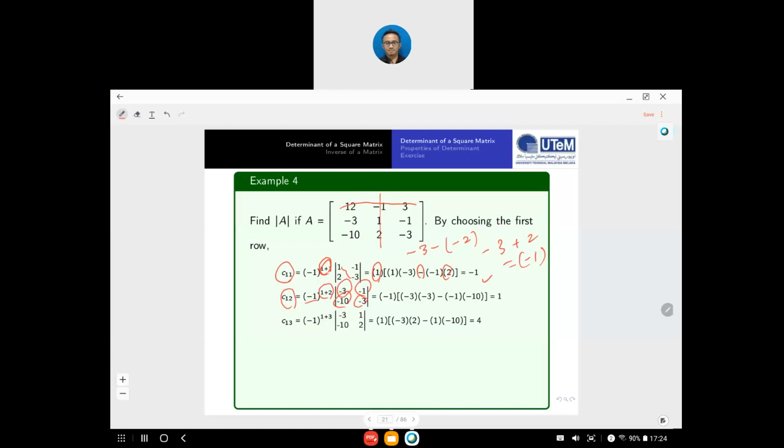Negative 1 to the power of 3, we know that the power of an odd number becomes negative 1. And then, cross multiply: negative 3 times negative 3 minus negative 1 times negative 10. And then your answer, you can get 1.